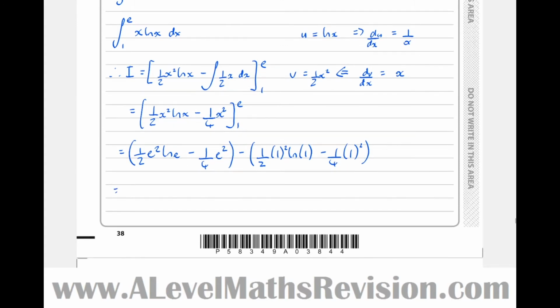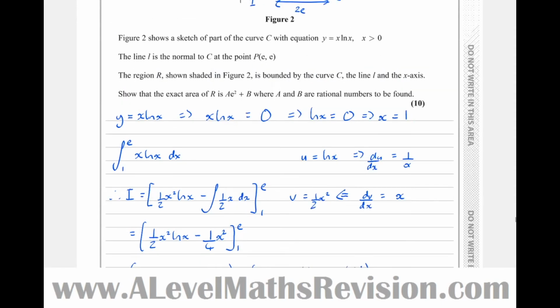So 1/2 e squared log e is just 1/2 e squared, take 1/4 e squared, and natural log of 1 is 0. So then we're going to double minus 1/4, so plus 1/4. So 1/2 e squared take away 1/4 e squared is just 1/4 e squared plus 1/4. And that's the first part done. So we're going to have to come back to this, so let's put a box around it.